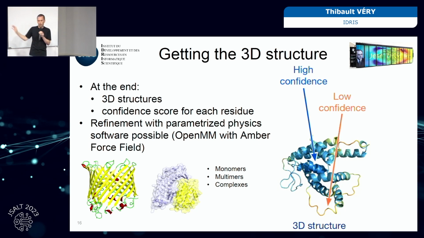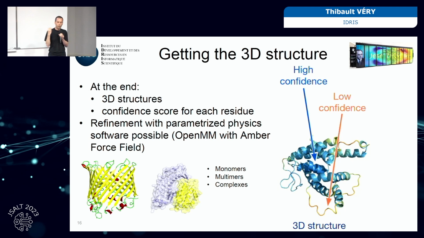I will give you an example. When I was in master's, I worked with a protein that has one of these loops here. You see the arrow written low confidence. In the protein I was working on, you had one loop like this, and the loop has two states, open and closed.